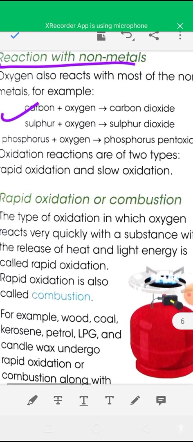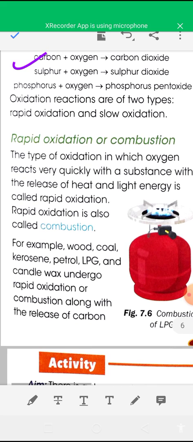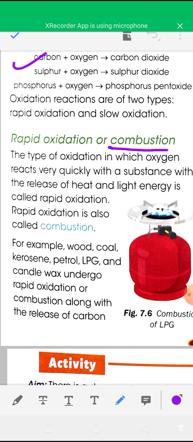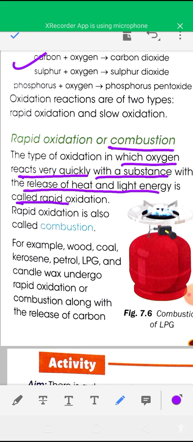Rapid oxidation is also known as a combustion reaction. Burning of fuel is an example of rapid oxidation. The type of oxidation in which oxygen reacts very quickly with a substance with the release of heat, light and energy is called rapid oxidation.